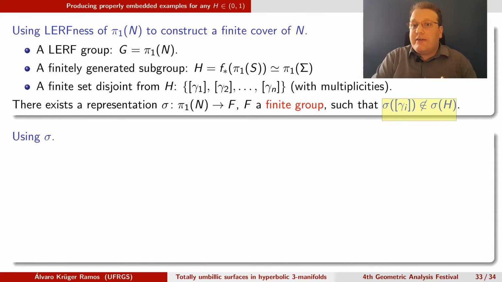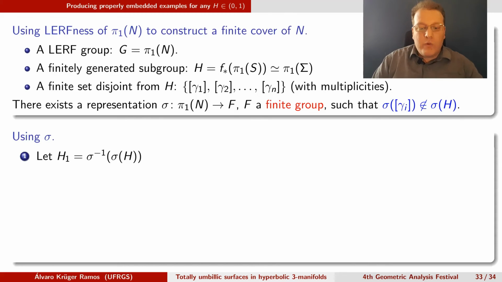So we need a little more than the kernel. We let H1 be the inverse image of the image of H. So this is basically H together with the kernel, and we take a finite index subgroup which contains both of them.